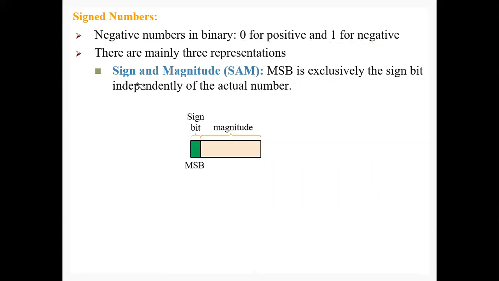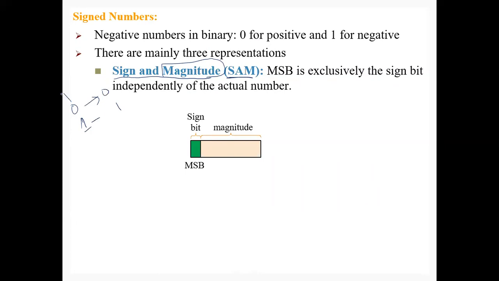One is the sign and magnitude representation, or in short we call it SAM. In sign and magnitude, magnitude we don't have a problem with because we have already been representing magnitude. So what is 1? 1 is 1. What is 0? 0 is 0.